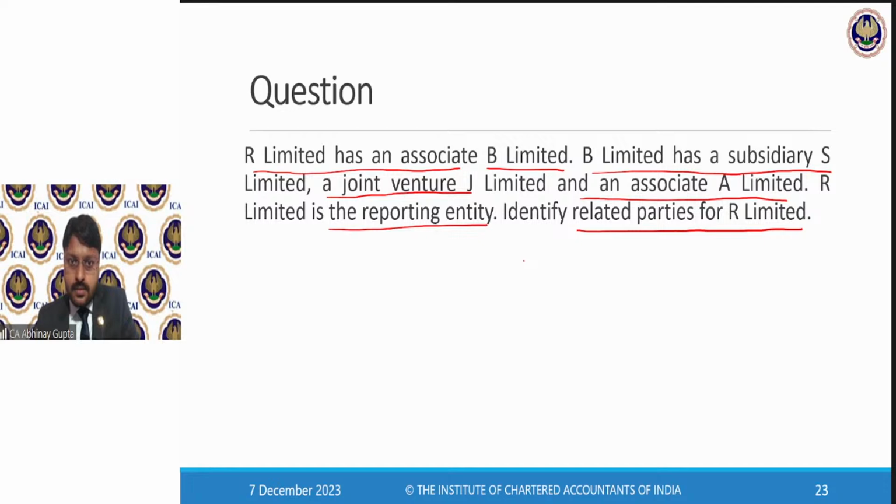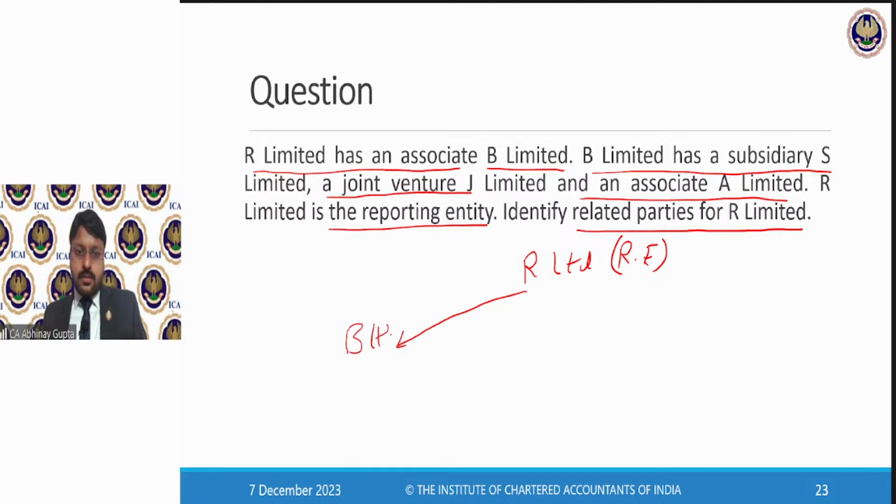So here is R Limited, which is our reporting entity. For R Limited's financial statements, we are trying to figure out which all are related parties. So R Limited has an associate, B Limited. B Limited has a subsidiary, S Limited.